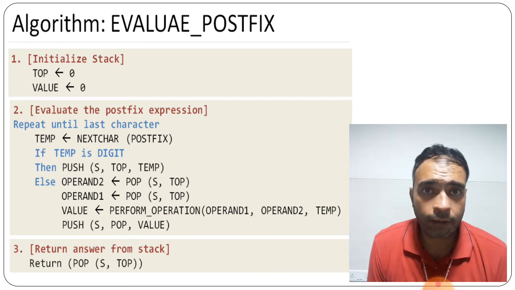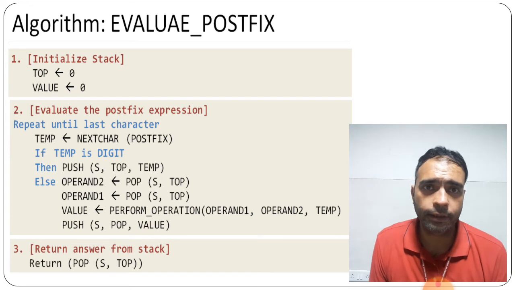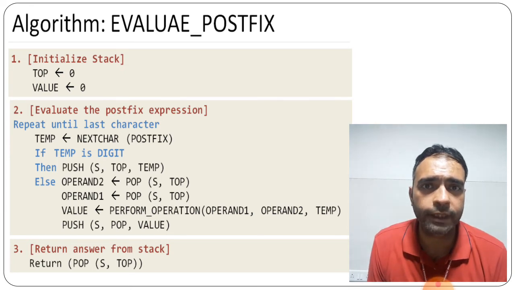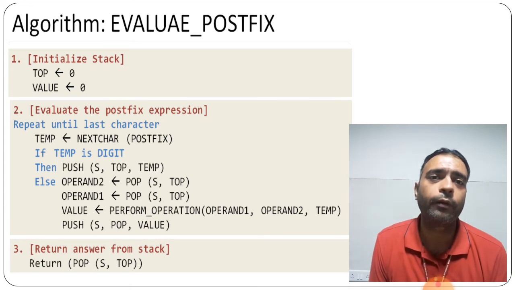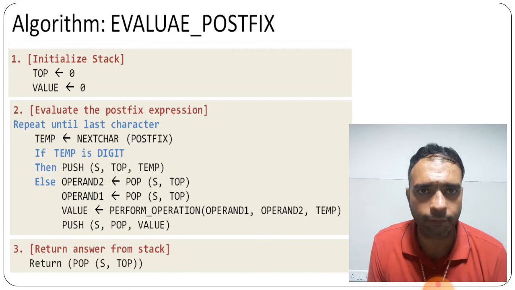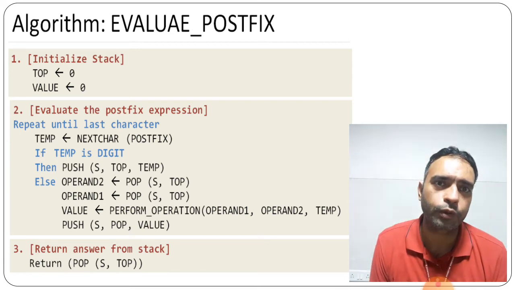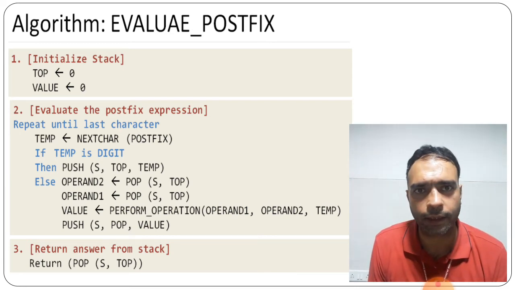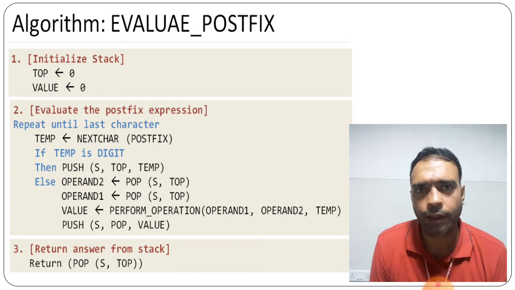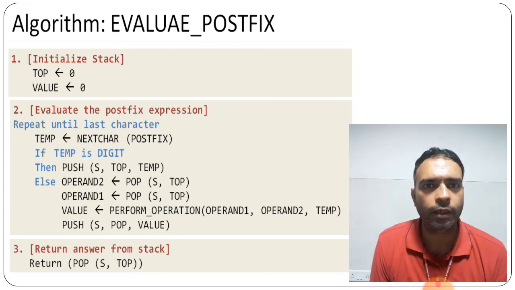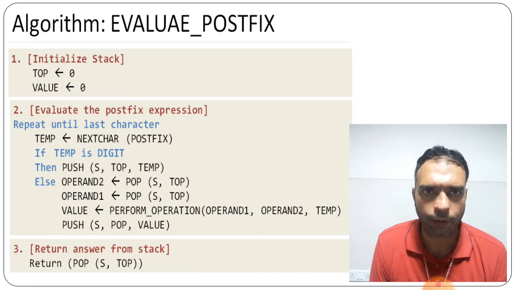Now the second step is to evaluate the postfix expression. We have to repeat until the last character comes. For that we take a temporary variable, temp. The next character of the postfix, the first character, will be stored in temp. Now it will check whether it is a digit or not. If it is a digit, then it will push it into the stack.